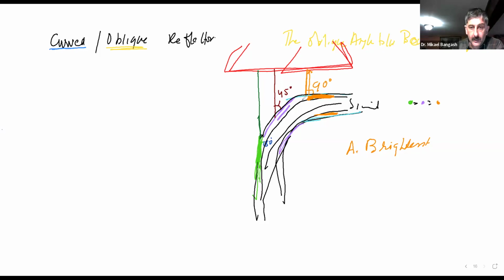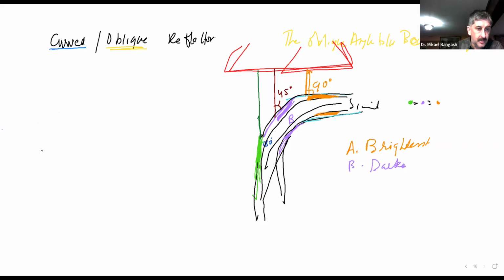So right now, this part of our structure is going to appear brightest. We can say this part here, which we call B, is going to appear dark.